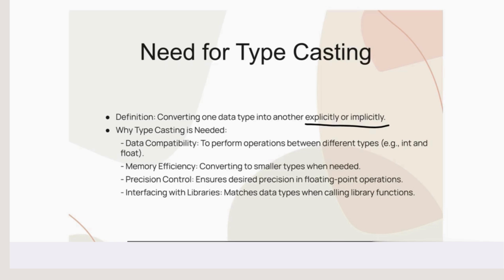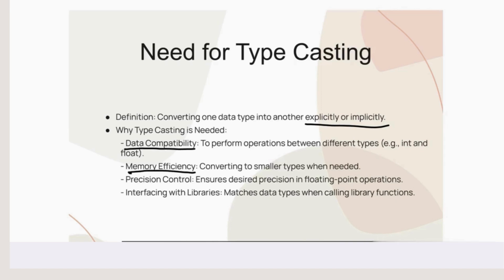Now why is typecasting needed? We might need data compatibility to perform operations between different data types, like if I want to add one integer and one float, or I want to divide a float from an integer, then I want some decimal values and I want to treat it as a floating point value which is to be divided.